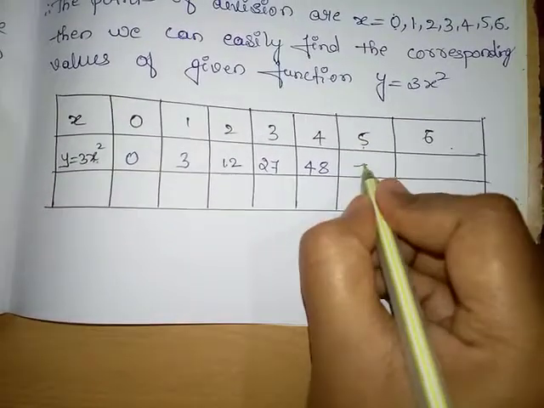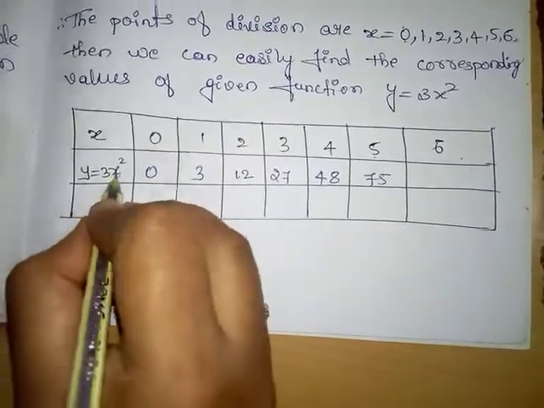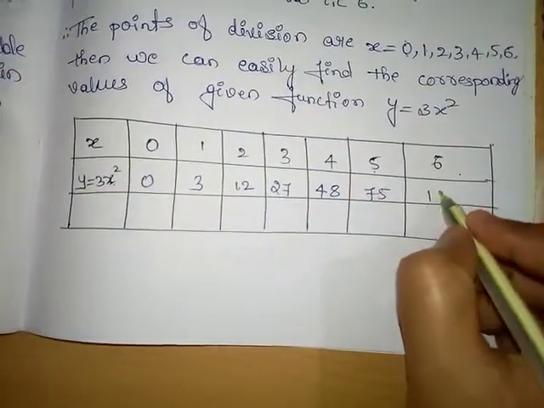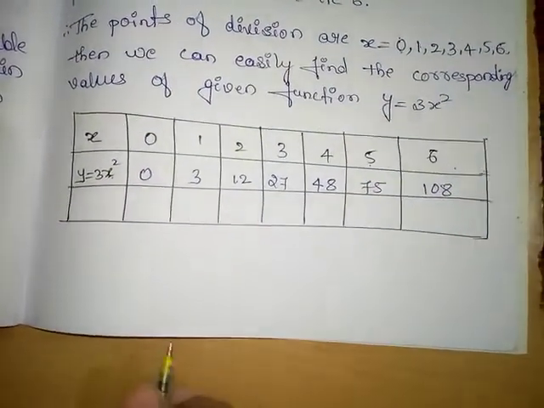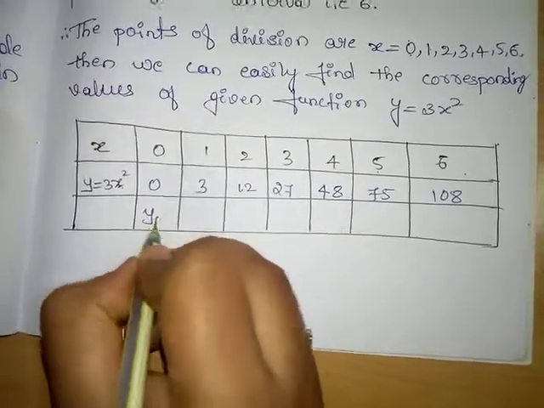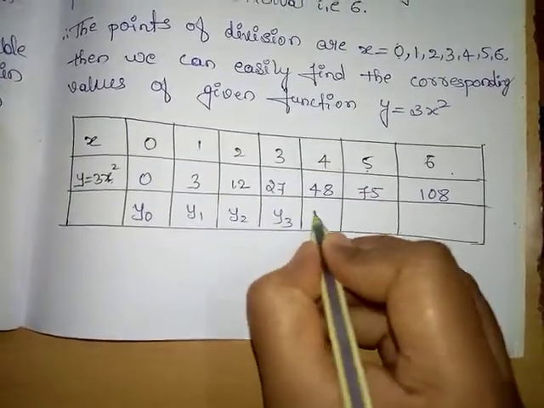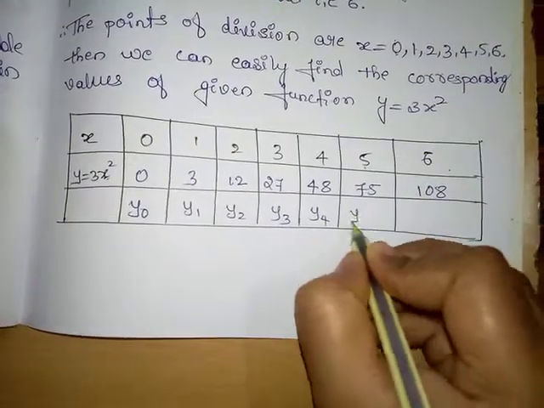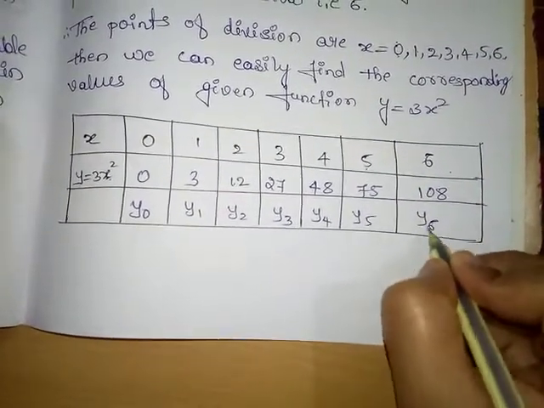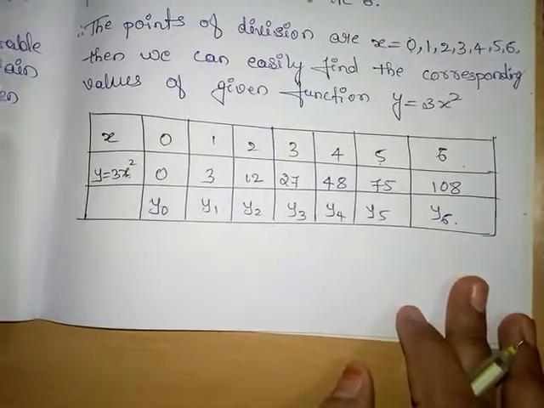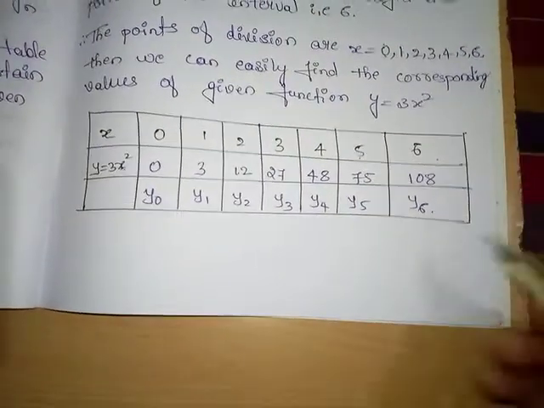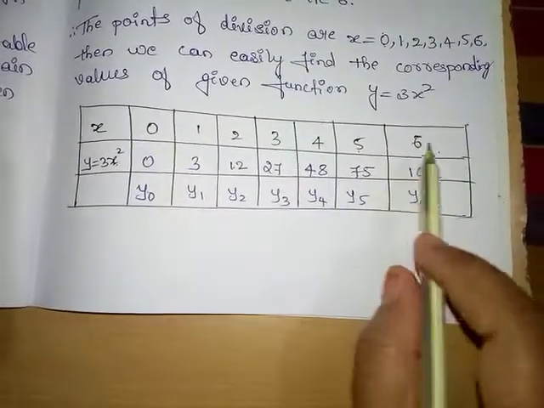Substitute x as 5, this is 75. Substitute x as 6, we get 108. Right? These values are y0, y1, y2, y3, y4, y5 and y6. These are the corresponding values of these x.